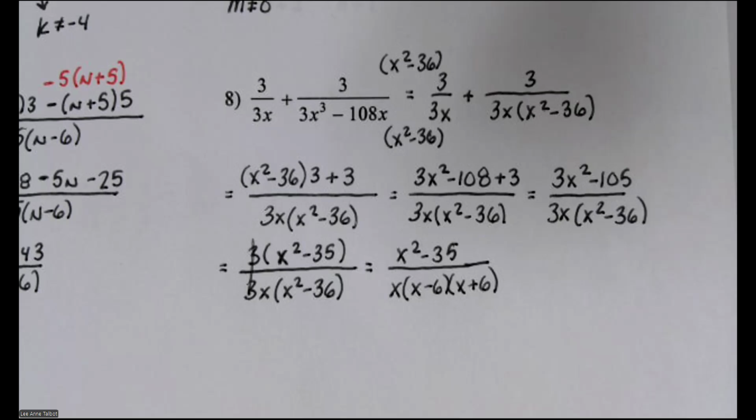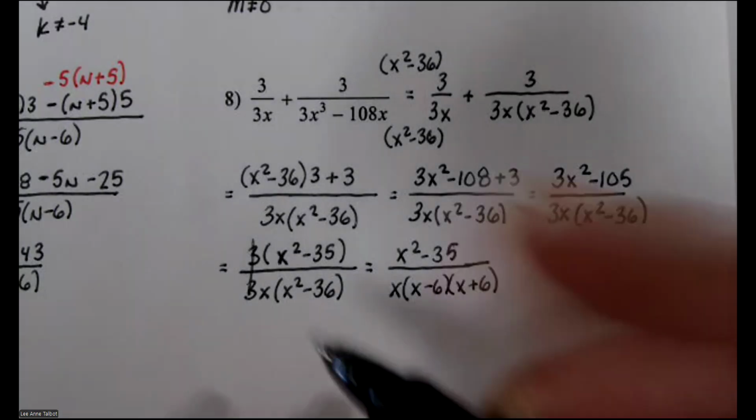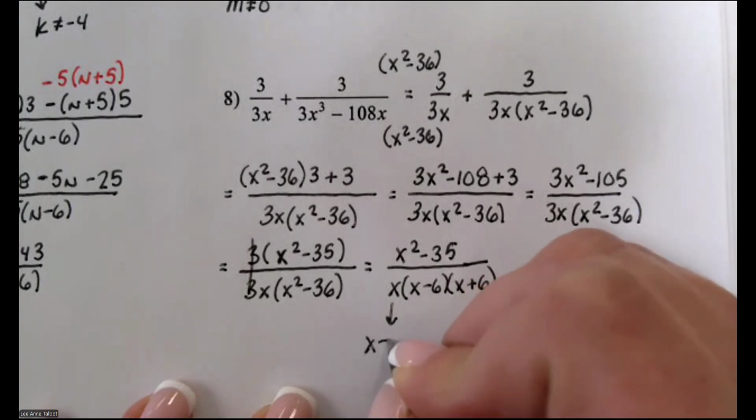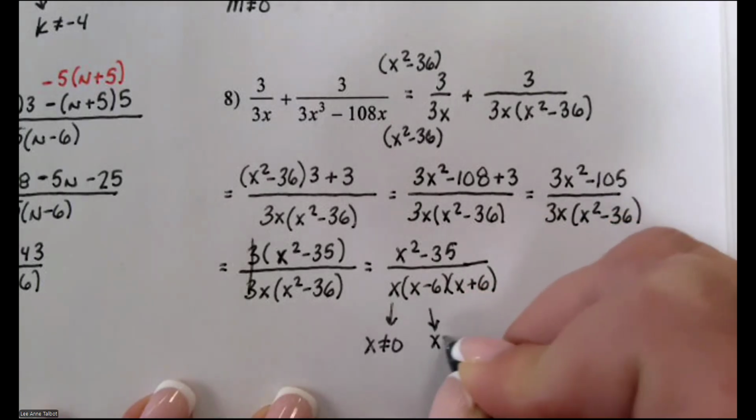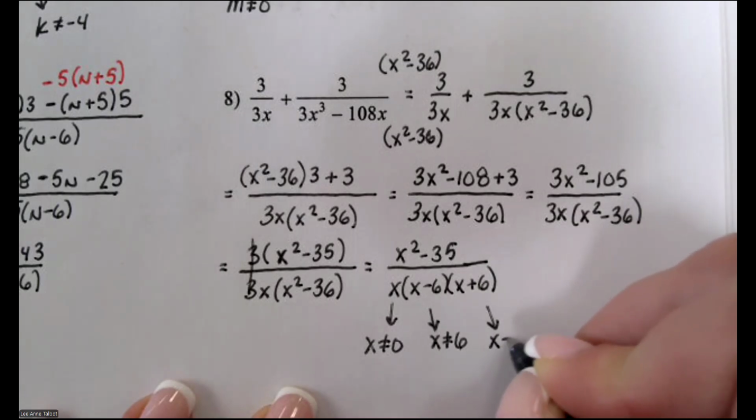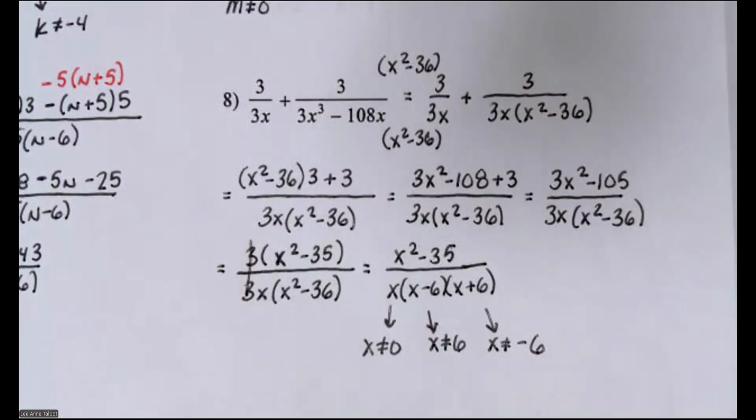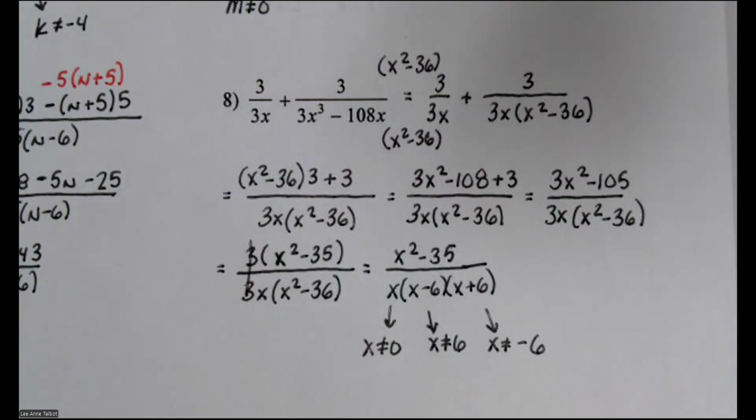Okay, wait, hold on. So real quick, you guys realize x squared minus 36 is a difference of squares problem, but x squared minus 35, you can't do anything with that.